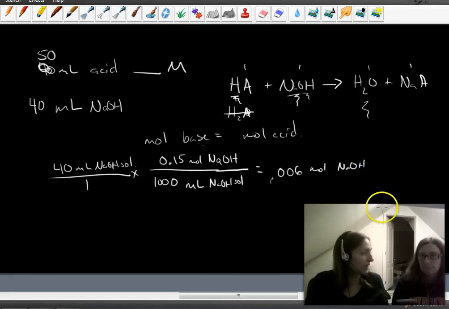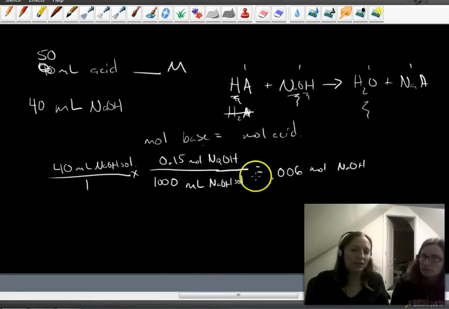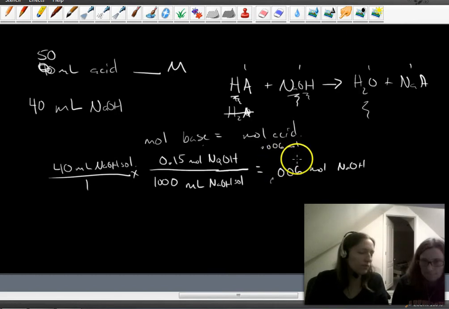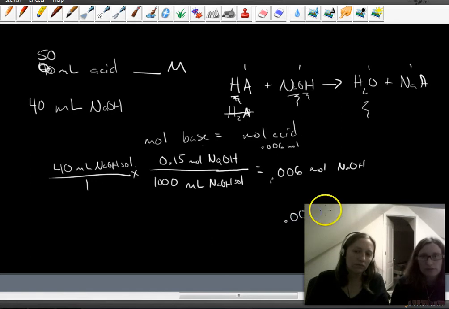When we dripped that in, there was no more acid left. That means that there were 0.006 moles of acid in our sample that we titrated. What was the concentration of the acid? 0.006 moles divided by 50 mLs of acid, because that's what we started with.